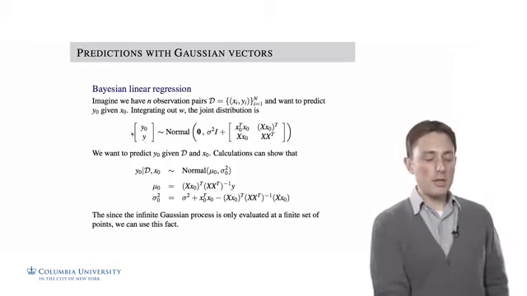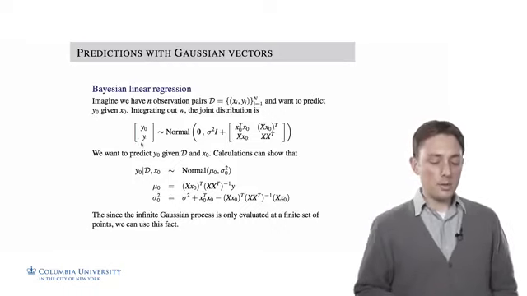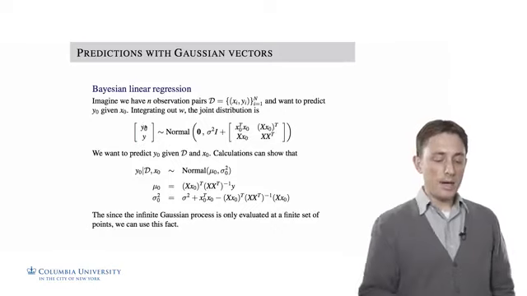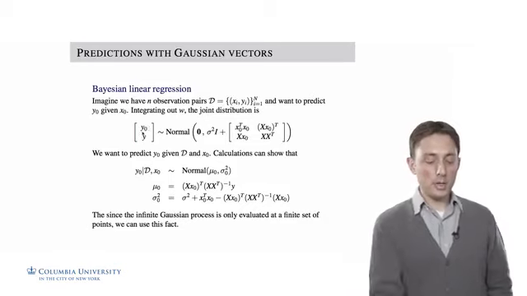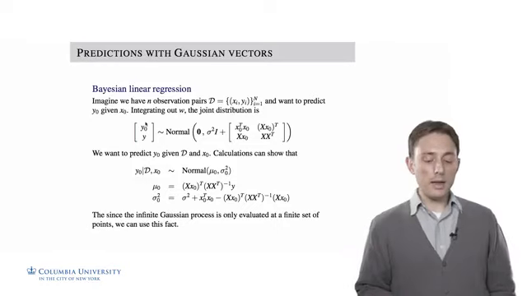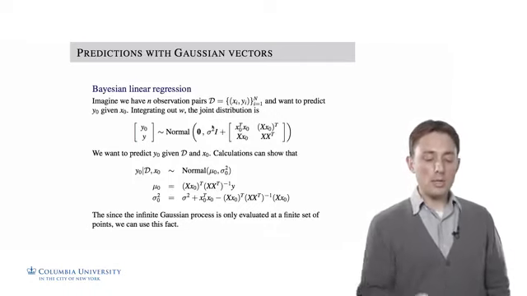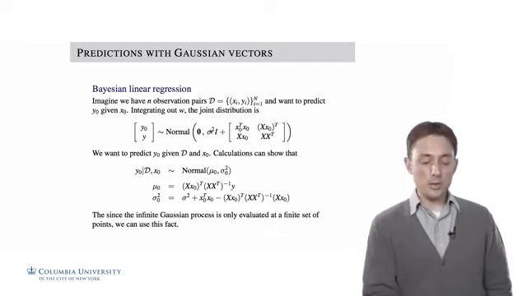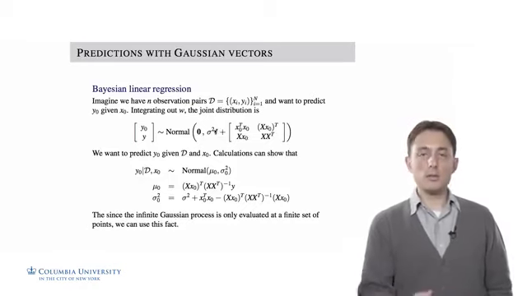Let's imagine now that I have an augmented vector where I take the observed y and my unobserved y naught as the first dimension of that n+1 dimensional vector. Then according to my model, the distribution on this vector is a multivariate Gaussian with zero mean and covariance equal to sigma squared I, which accounts for the noise. So every single value in here has some IID component that's just white noise.